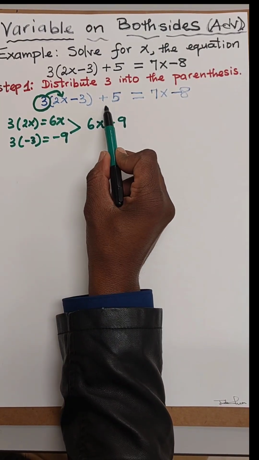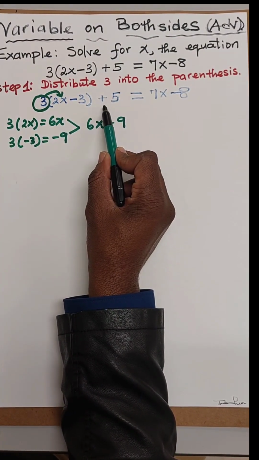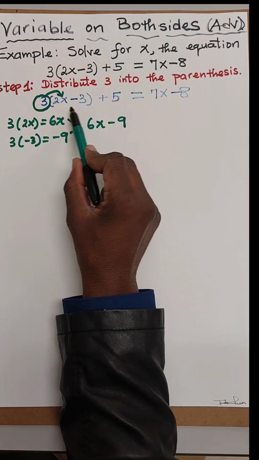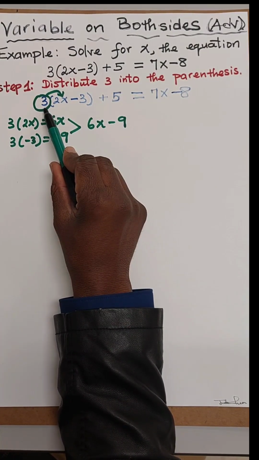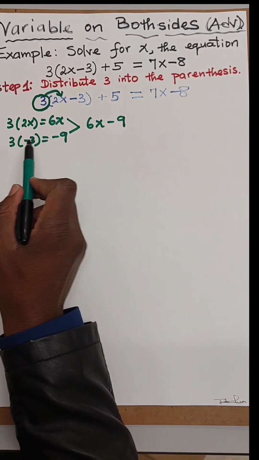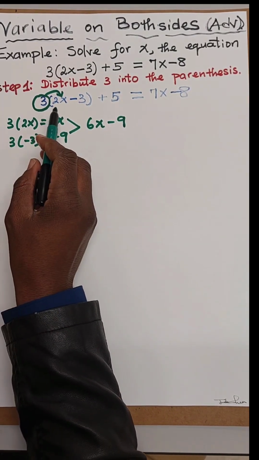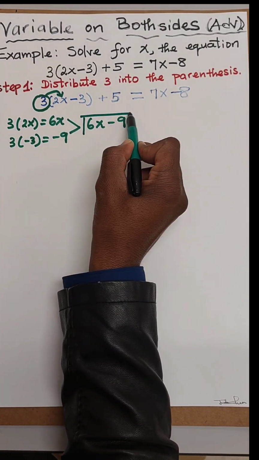Notice that this 5 here is a free term, free in the sense that it is not inside the parenthesis. So it is staying out there. It is not affected by this factor of 3 because it is not inside the parenthesis. So this distribution is only for the parenthesis, and the parentheses come out as two terms.